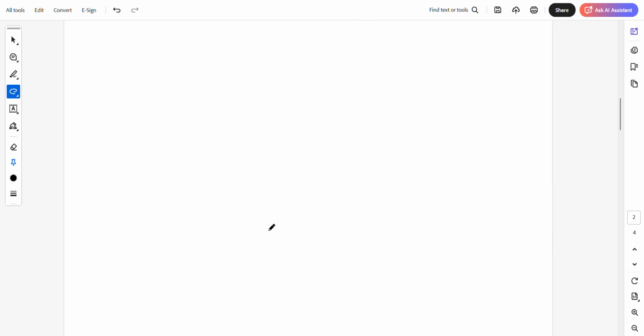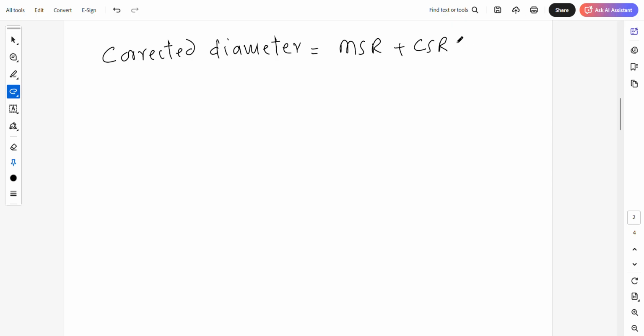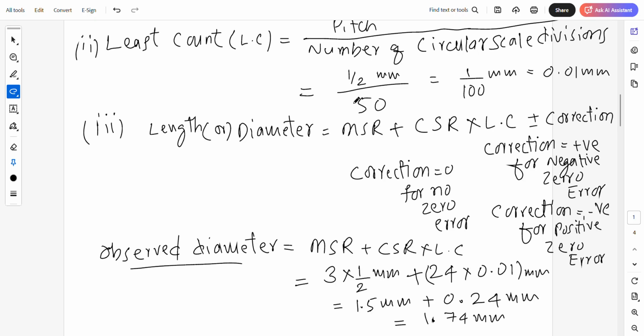What is the corrected diameter? I will write it here. Corrected diameter is equal to MSR plus CSR into least count plus correction. Now you have negative zero error. For negative zero error, correction is positive.